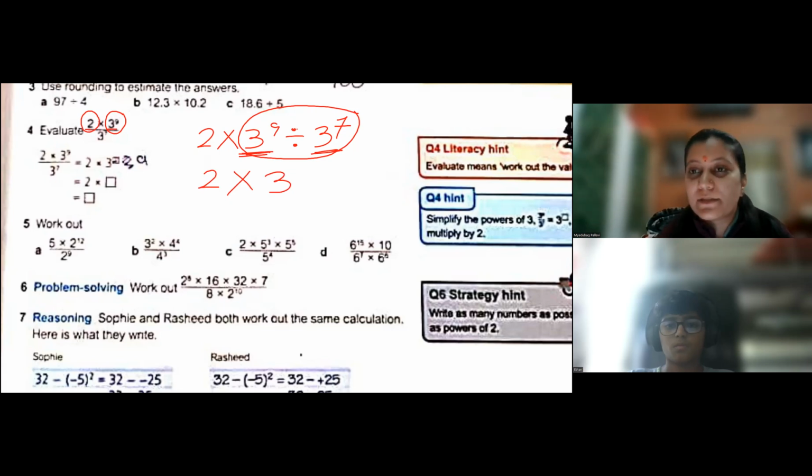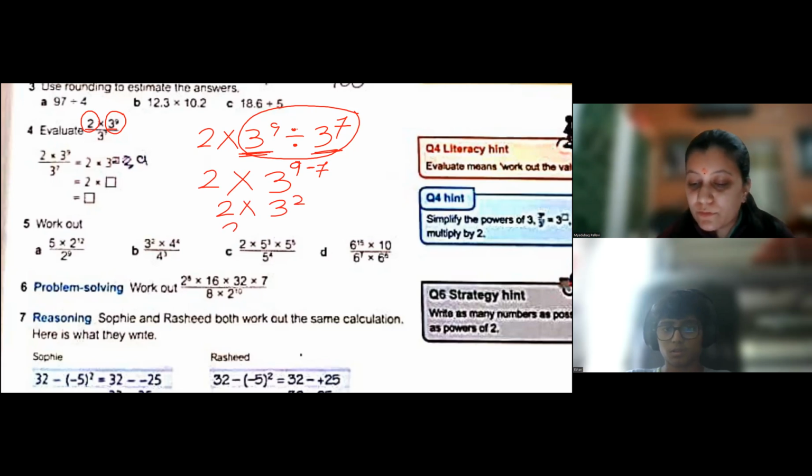As there is division in between, will powers be added or subtracted? Subtracted, that's correct. So we'll get 3 to the power 9 minus 7. 2 multiplied by 3 to the power, 9 minus 7 will give us 2. That's correct. 2 multiplied by 3 to the power 2.